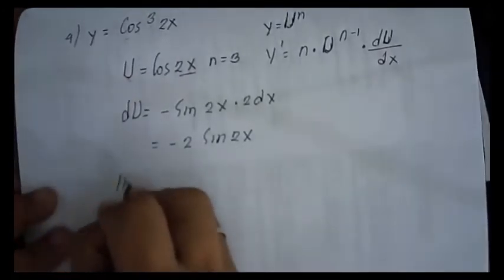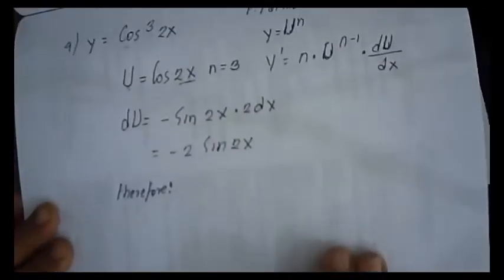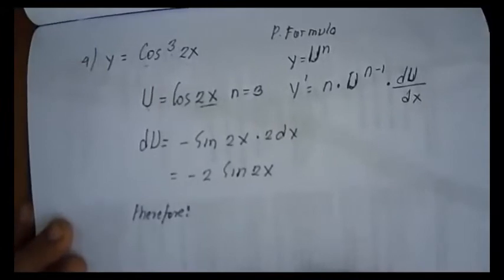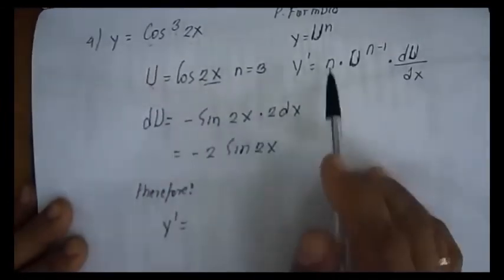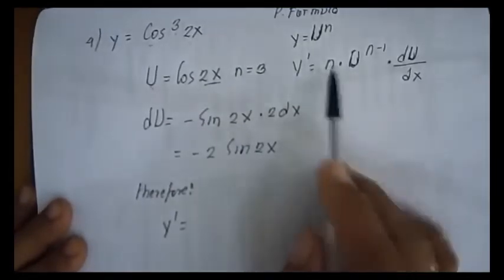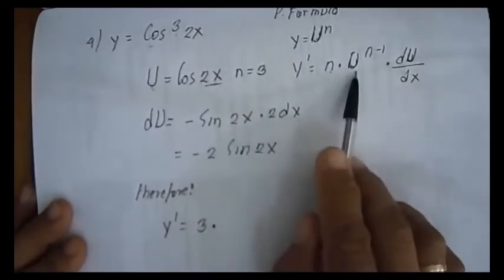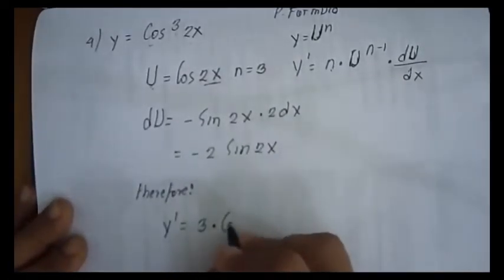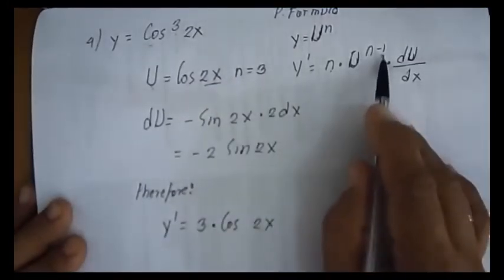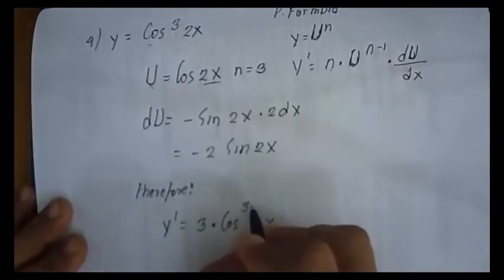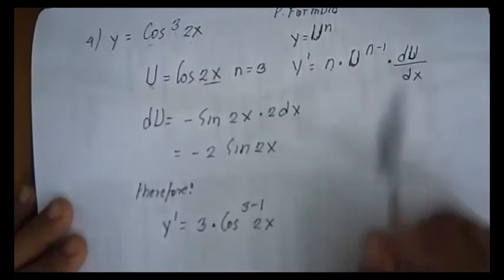Okay? So, by this time, therefore, y prime, sundan natin yung formula, what is our n? N is equal to 3. Okay? What is our u? Ano yung u natin? Cosine 2x. Okay? N minus 1. So we have 3 minus 1. Okay? Multiply by du.